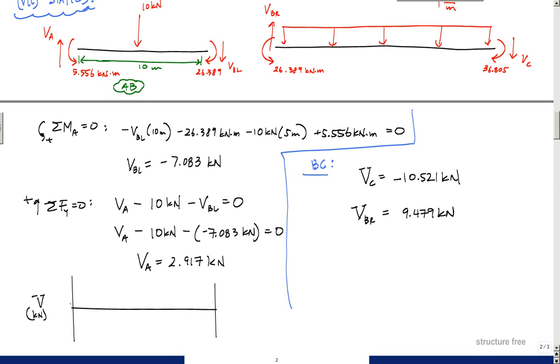I would go up 2.917 kilonewtons, go all the way across until I hit my 10 kilonewton concentrated load, and then go straight down 10, which would get me to negative 7.083, hopefully, and I think it does. Yay. Okay, and then bam, there's my shear diagram for member AB.